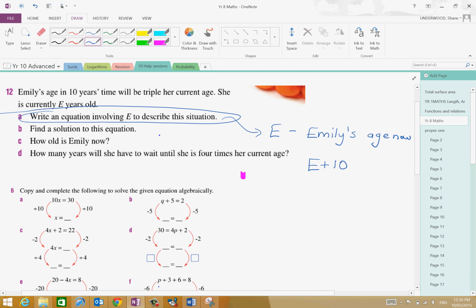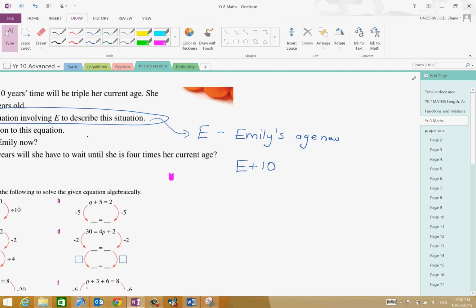So if we add 10 to Emily's age, what unit is it? We need to do a bracket and say what it is. Is her age in bananas? In apples? In years. That's really important when we define a variable.